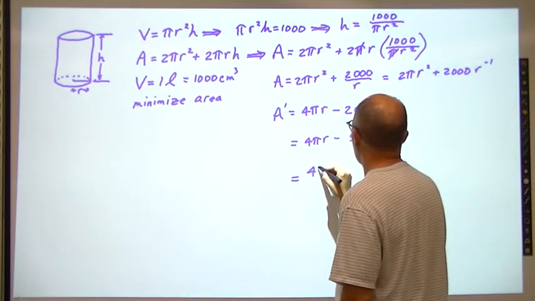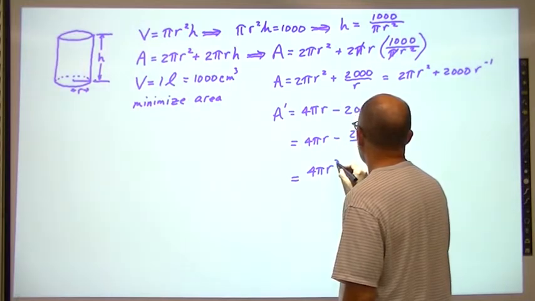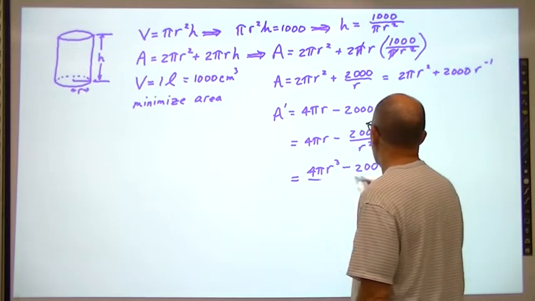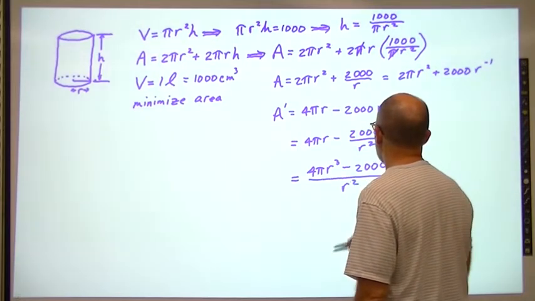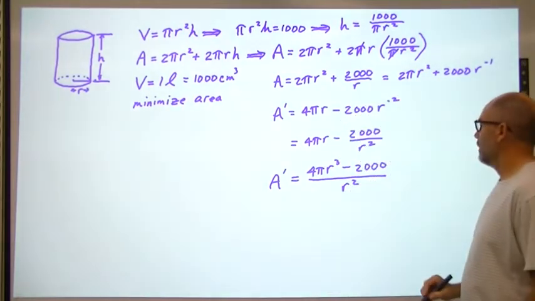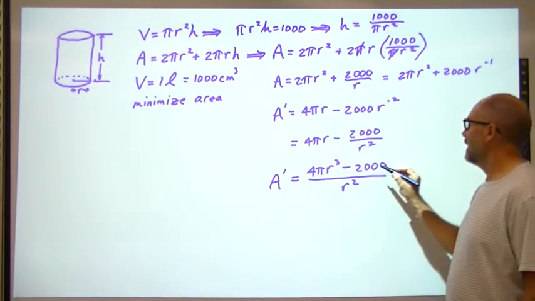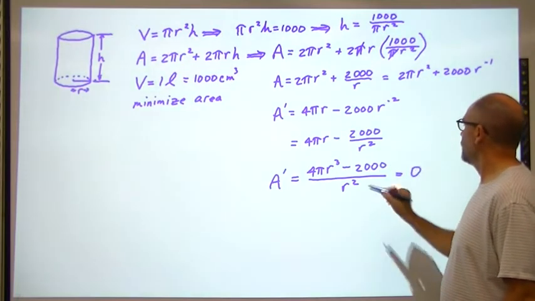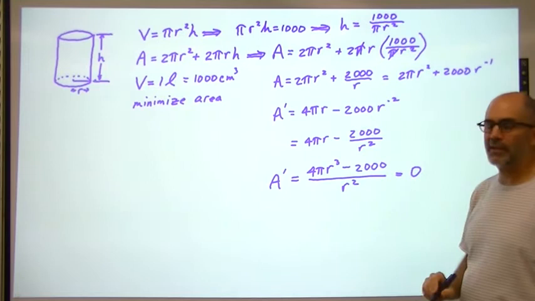So it's 4 pi r cubed minus 2,000 all over r squared. Now, the thing that makes it nice, if I want a fraction equal to 0, all I do is set the top equal to 0.